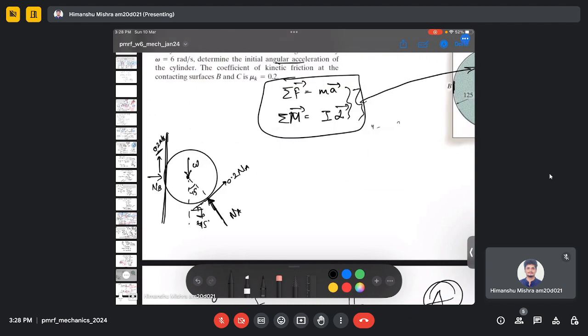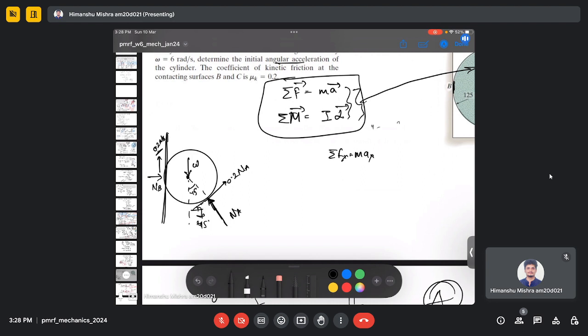So now we can do the force balance in the horizontal direction.